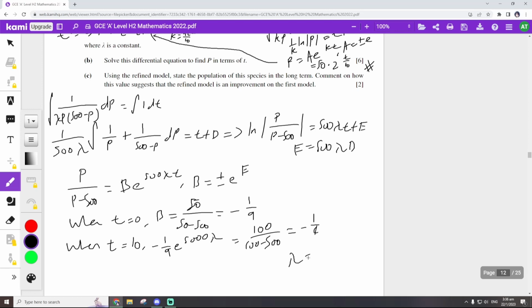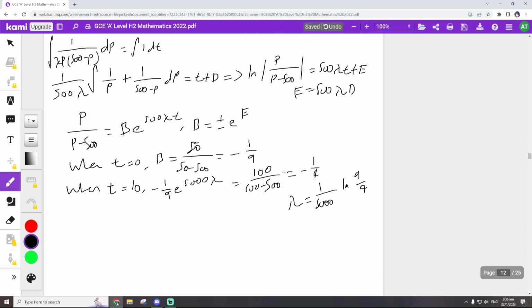So what is lambda? One over 5000 ln 9 over 4. Okay, so one has p minus 500 divided by p, which is 1 minus 500 over p, being equal to minus 9 e to the 5000 lambda t.